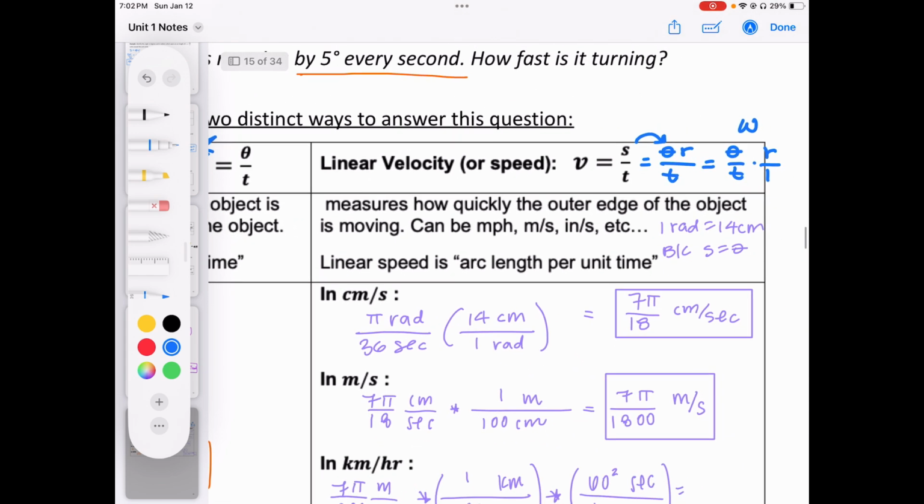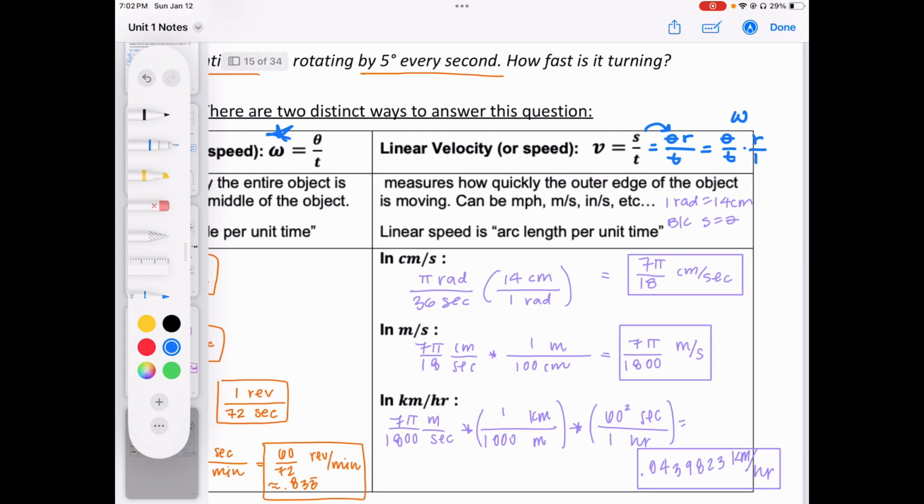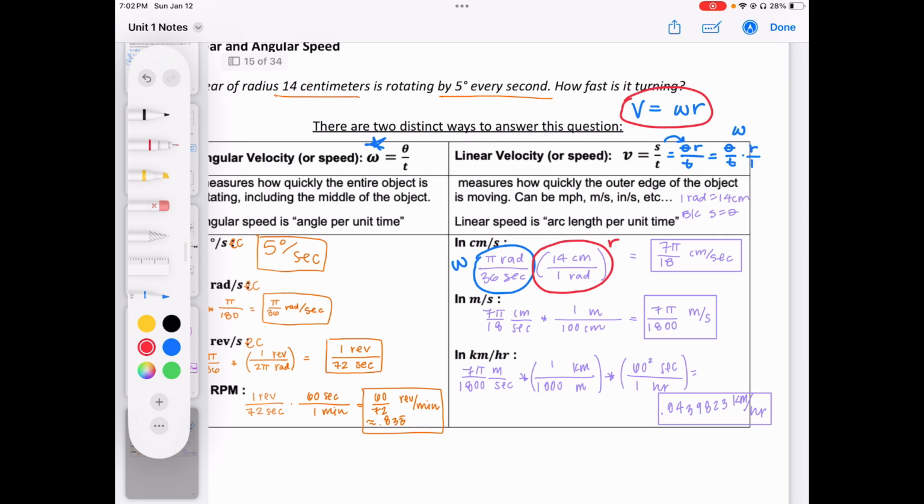So the other option is going to be that V equals omega times R. There's multiple ways to do this, and that's what we did here. We had omega times R. So we ended up using this equation without me even telling you that that's what we ended up doing. Okay. All righty.